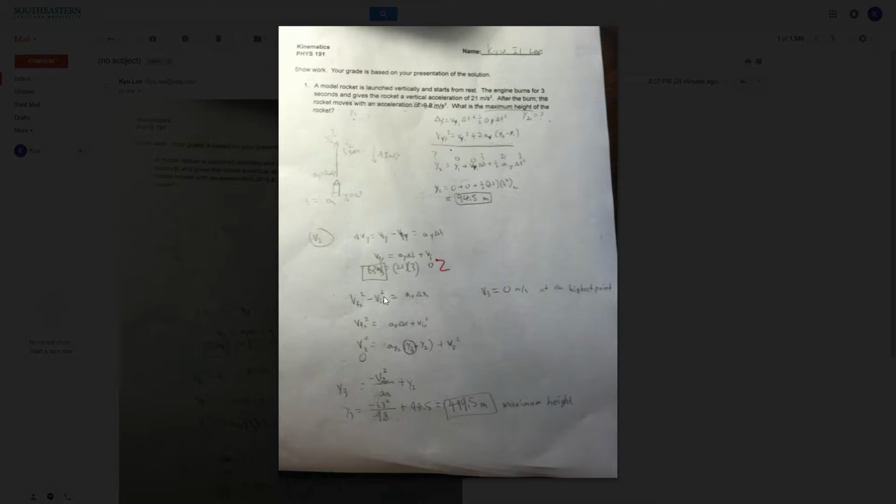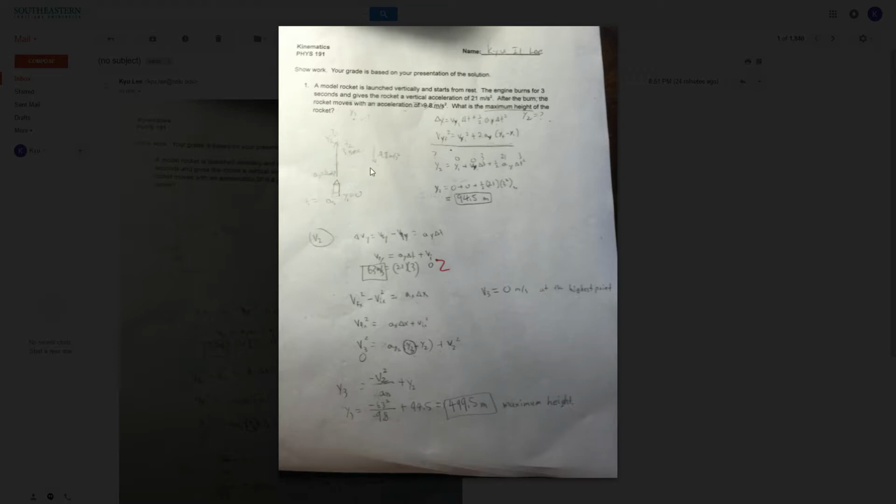And after I found that, I had to find the velocity at y3, which is v3, and I know that it is equal to 0 because that is at the highest point and it's not going up or down for that instant.